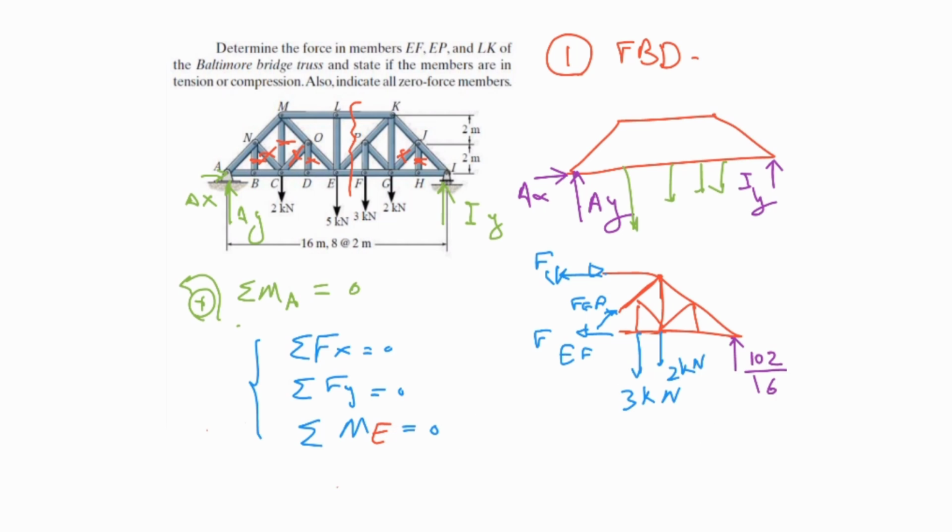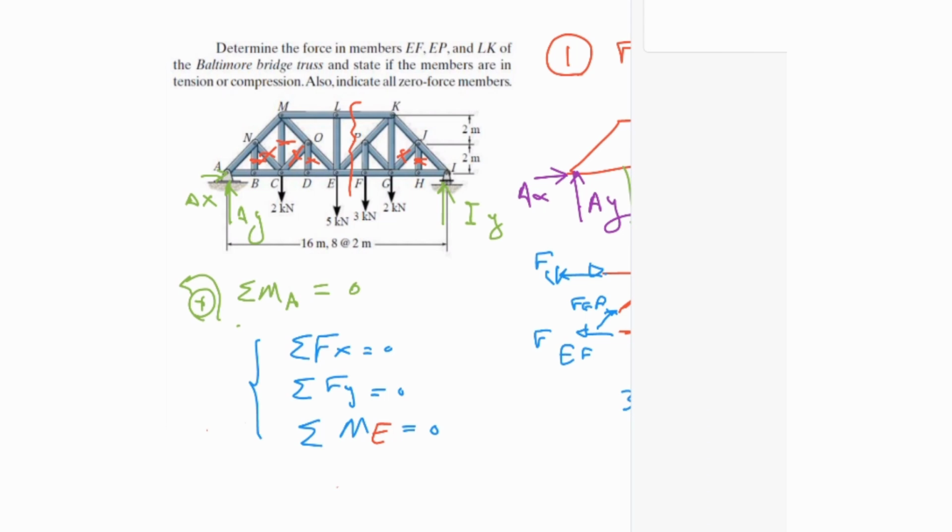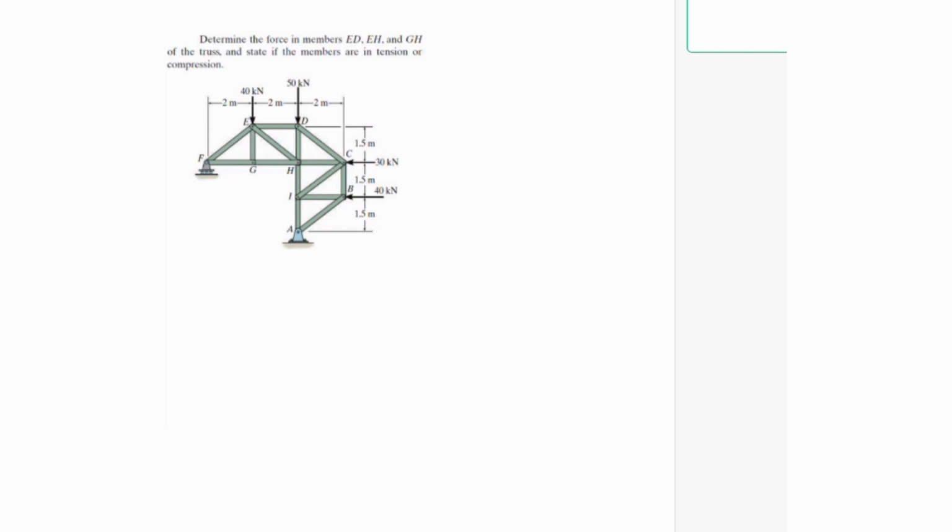I'm just jumping to the next one, which is here. And okay, let's see what we are looking for. Actually, these are the members that we are looking for, the internal forces. One of them is ED, EH, and GH.